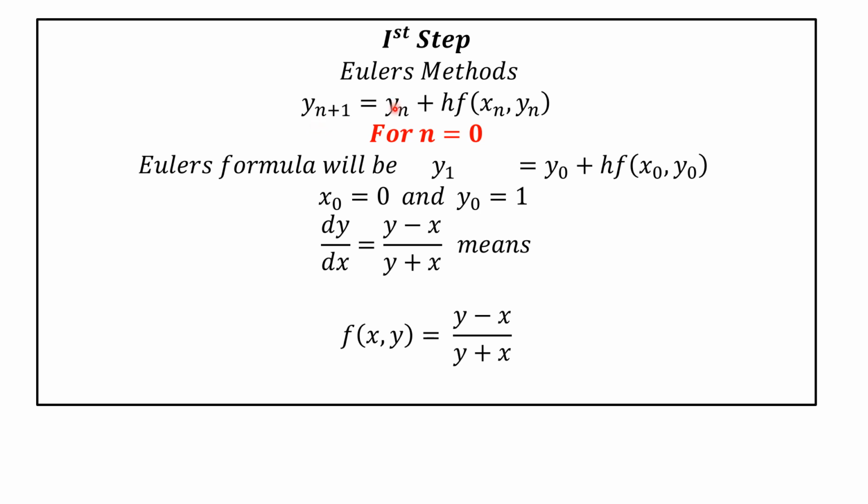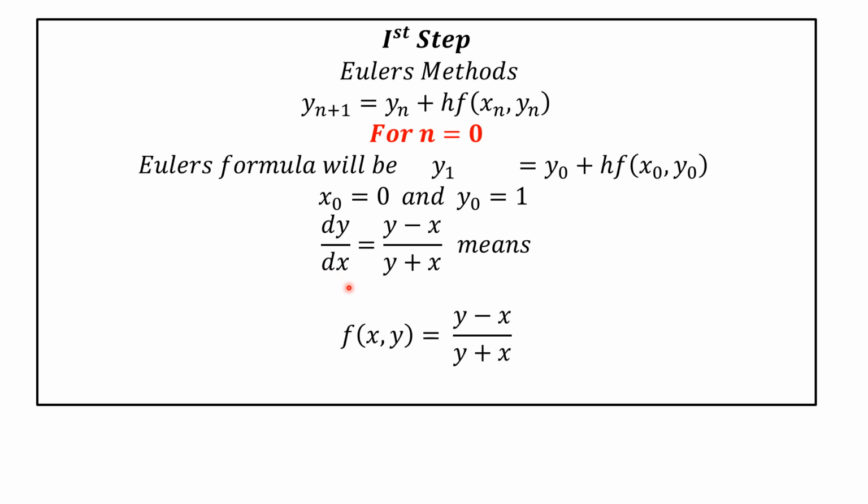Further, the first step is this one. Yn plus 1 will be equal to yn plus h f function of xn and yn. The first step is n equal to 0 that we are using. Put n equal to 0 in the above equation. It will be y1 equals y0 plus h f x0 and y0.